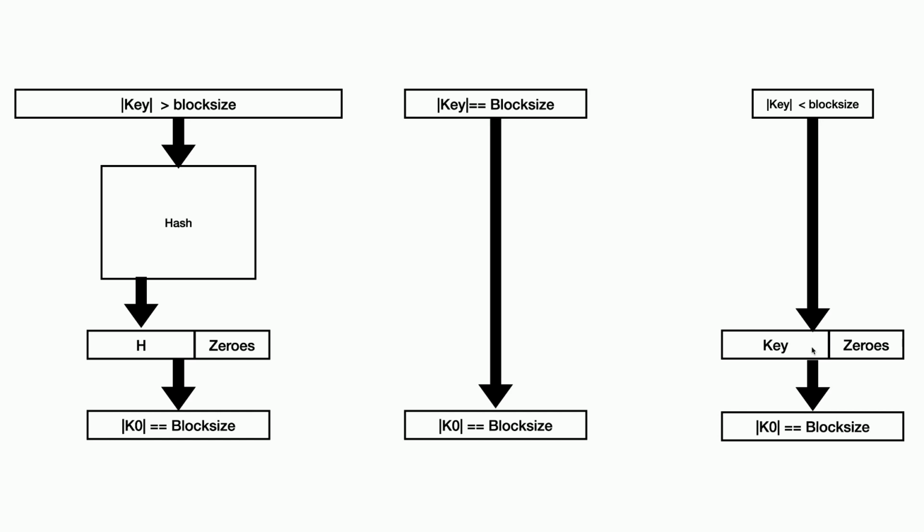If I picked another key which was 1 bit longer and that extra bit was a 0, that would just tack another 0 on the end and it would be identical because you've padded zeros and now you're padding one less 0, but you've replaced it with a 0 in the key. So having a key of a different length doesn't necessarily mean you're going to get a different result from the MAC until your key is larger than the block size. So when you're using HMAC, use a key that's big enough, or you get these strange effects.